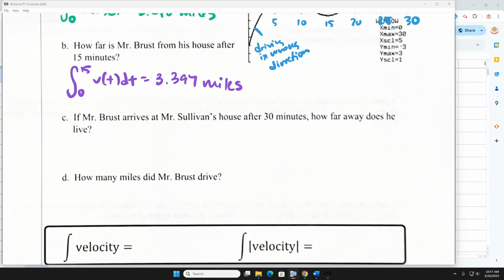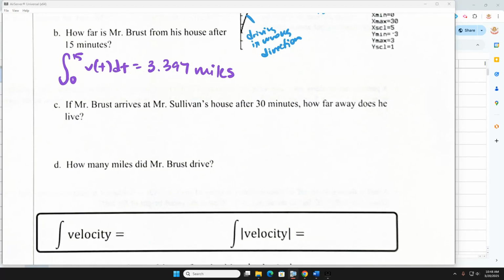And then the last one, if Mr. Brust arrives at Mr. Sullivan's house after 30 minutes, how far away does he live? What do you guys think? 0 to 30, good.